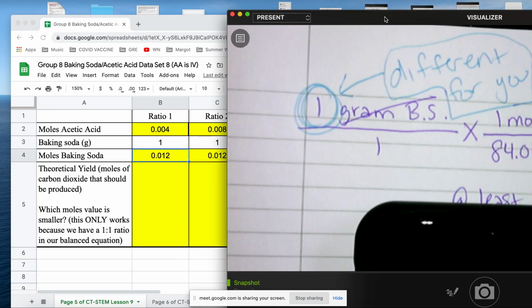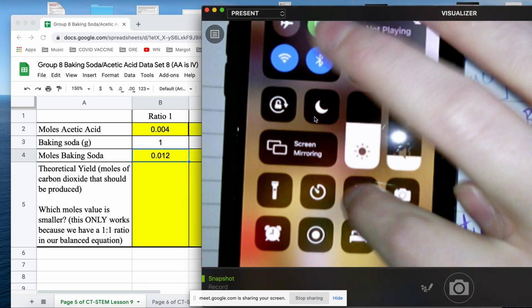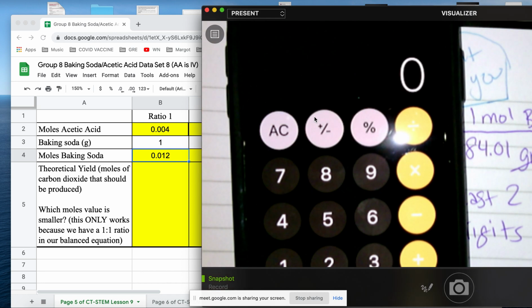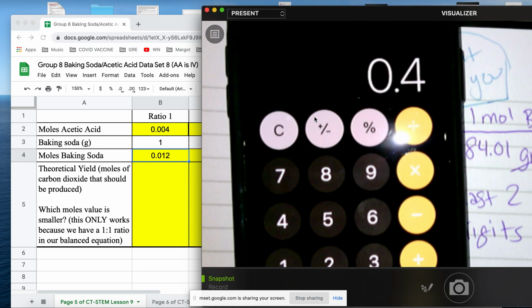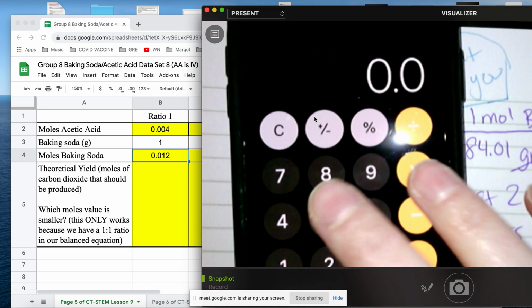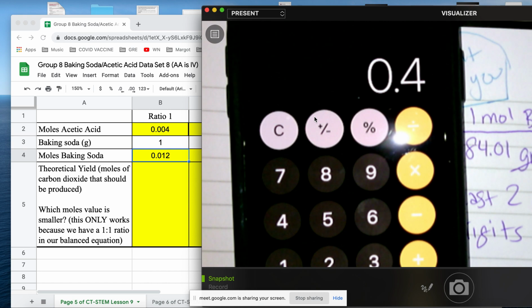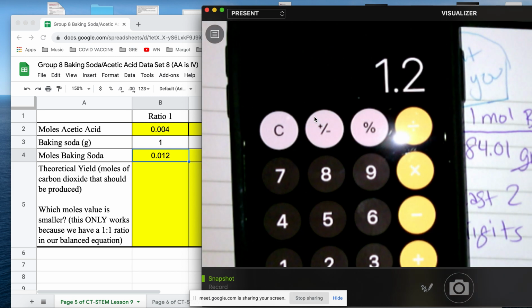Take your calculator and literally just multiply these numbers by 100 and see which number is bigger. So 0.004 times 100, and I get 0.4. 0.012 times 100, and I get 1.2. Do we see how that pieces it out a little bit easier?